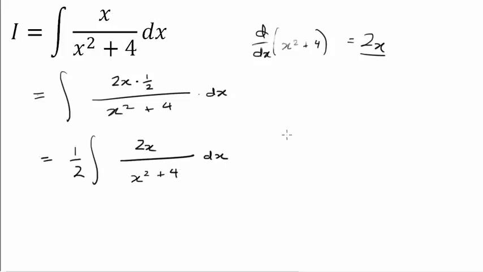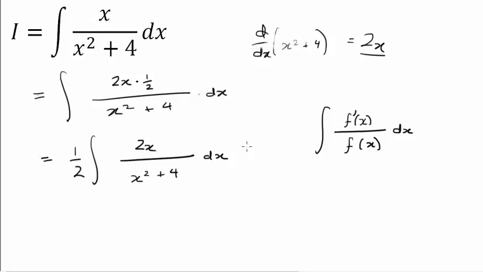And here we have an integral, and I'll put this in a box on the right hand side. We have an integral with the form f prime of x all over f of x, right? This is the form that we have in the integral.